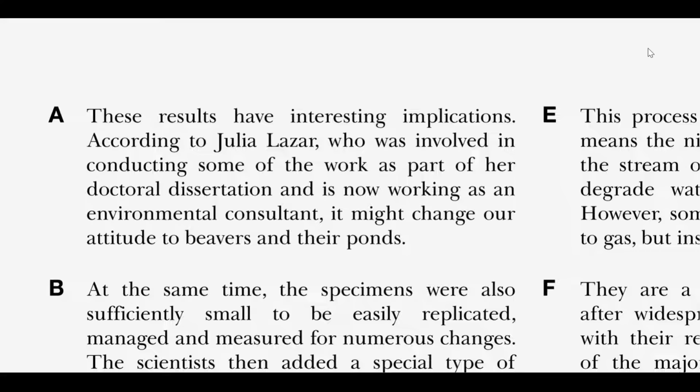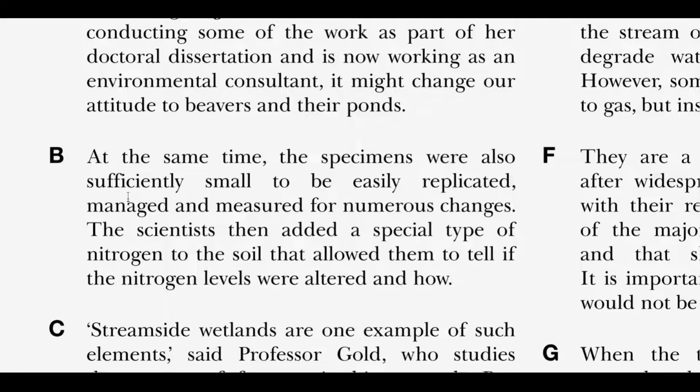Let's look at B, sorry. At the same time, the specimens were also sufficiently small to be easily replicated, managed and measured for numerous changes. The scientists then added a special type of nitrogen to the soil that allowed them to tell if the nitrogen levels were altered and how. Again, here we have no mention of plants.